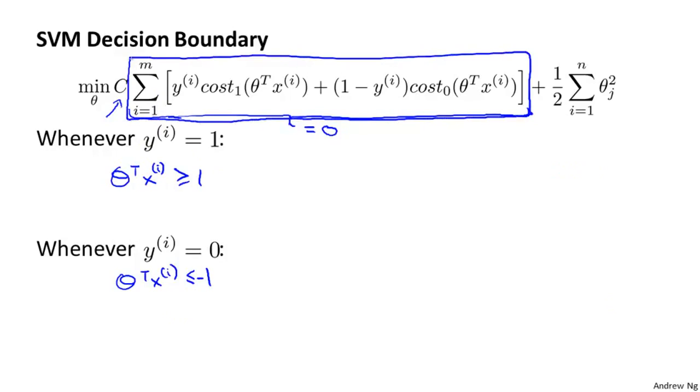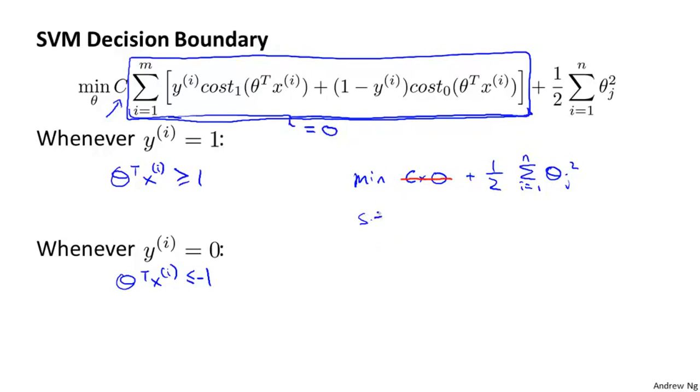So if we think of our optimization problem as now really choosing parameters to ensure that this first term is equal to 0, what we're left with is the following optimization problem. We're going to minimize that first term 0, so c times 0, because we're going to choose parameters so that's equal to 0, plus 1/2, and then that second term. And this first term, that's c times 0, so let's just cross that out because I know that's going to be 0.